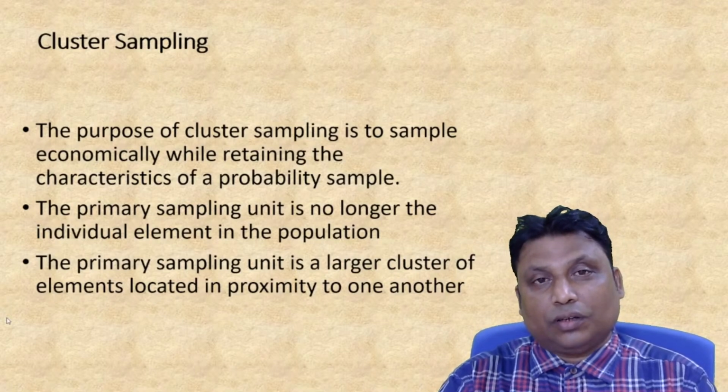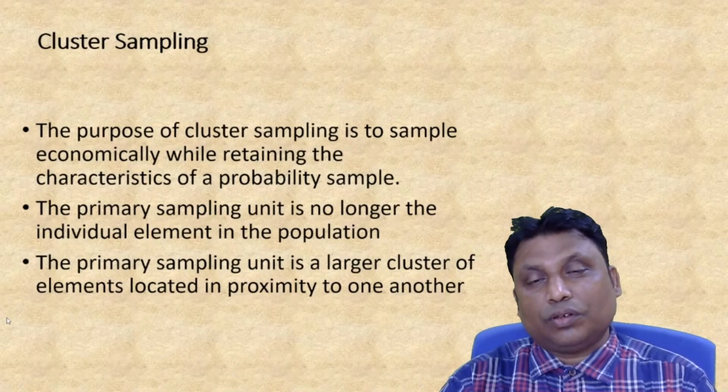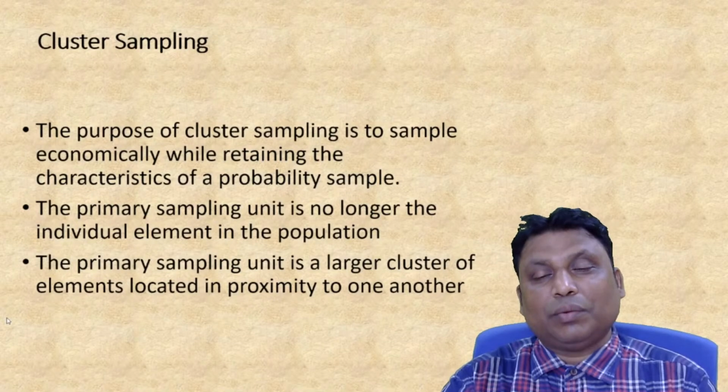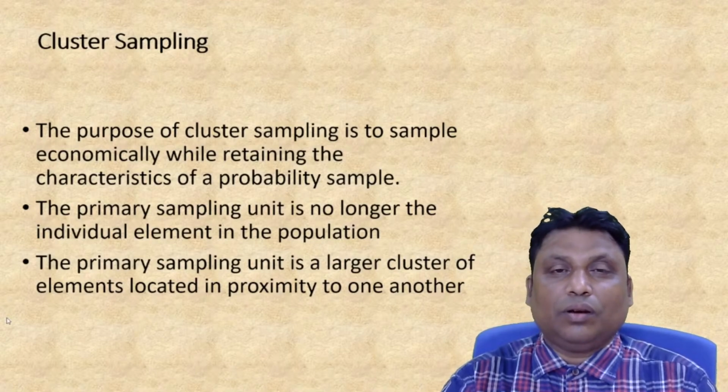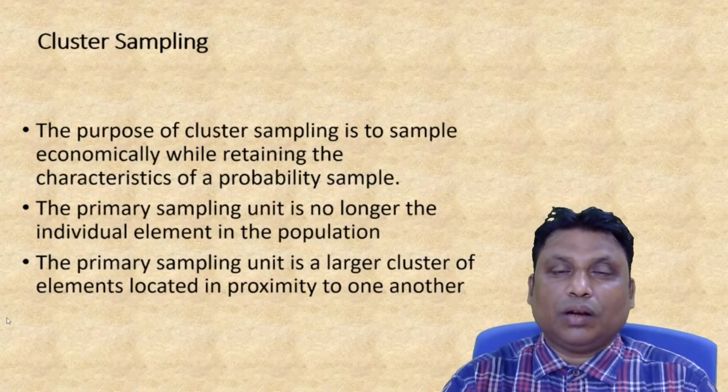Now if there is one cluster, two clusters, three clusters, if there are more clusters, then in that case you have to go for multi-stage sampling. Multi-stage sampling means, suppose at village level there are so many wards: ward number 1, ward number 2, ward number 3, ward number 4, like this.